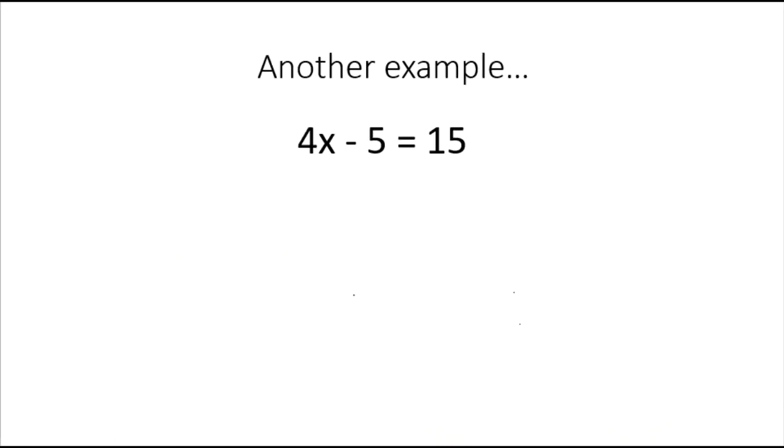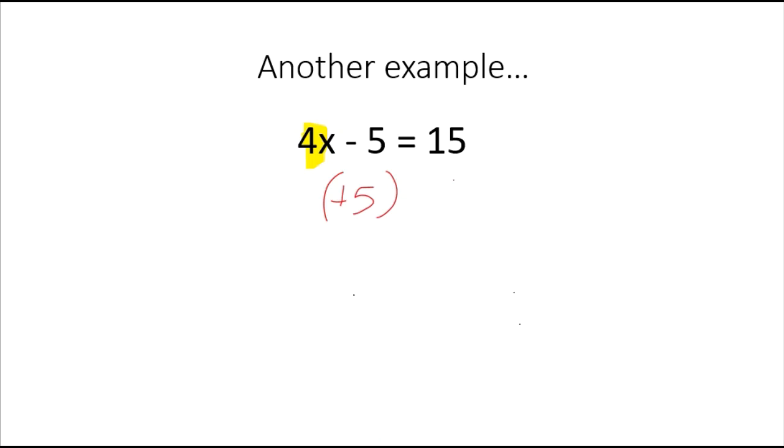Okay, here's another example, this time with a subtraction. We've got 4x subtract 5 is equal to 15, and it works in exactly the same way. We need to get the number of unknowns, which is 4x, alone on this side of the equal sign in order for us to work out the value of 1x. So let's go through this. I'm going to do the opposite of subtract 5, which is to plus 5.